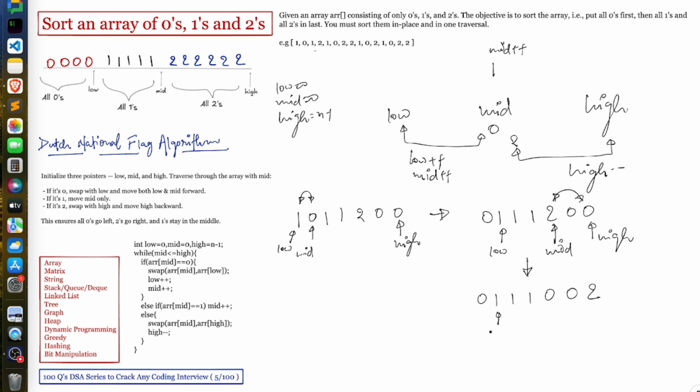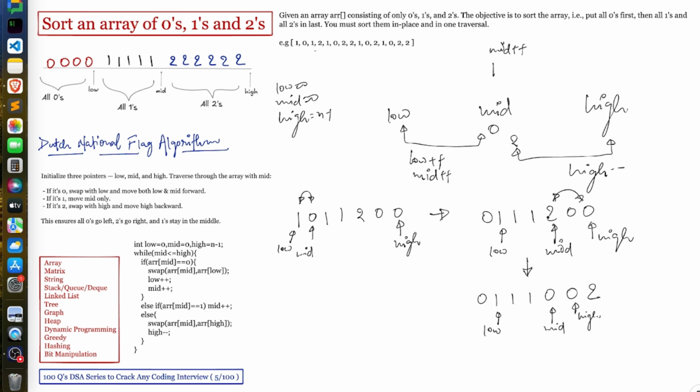Here is my low. Now here is my mid. If you observe, mid is not changed, because when you encounter 2, you just do high minus minus. We are not touching mid at all. So now your high would be pointing to the second last, right? This is my high. Again, this is my mid.